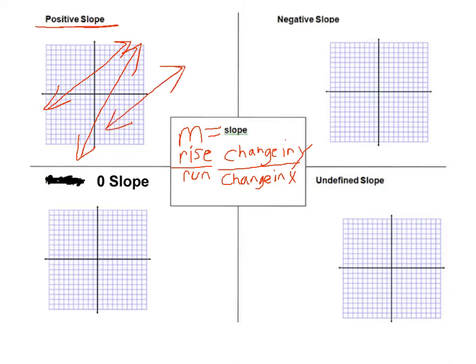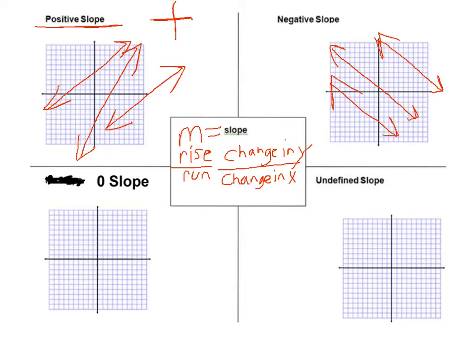Negative slope would be the opposite of that. They start at the upper left and go down to the lower right. That's a negative slope. Look in quadrant 1 here. Think of something that's starting to go down, down, down, like maybe the price of a stock. Negative slopes go like this.